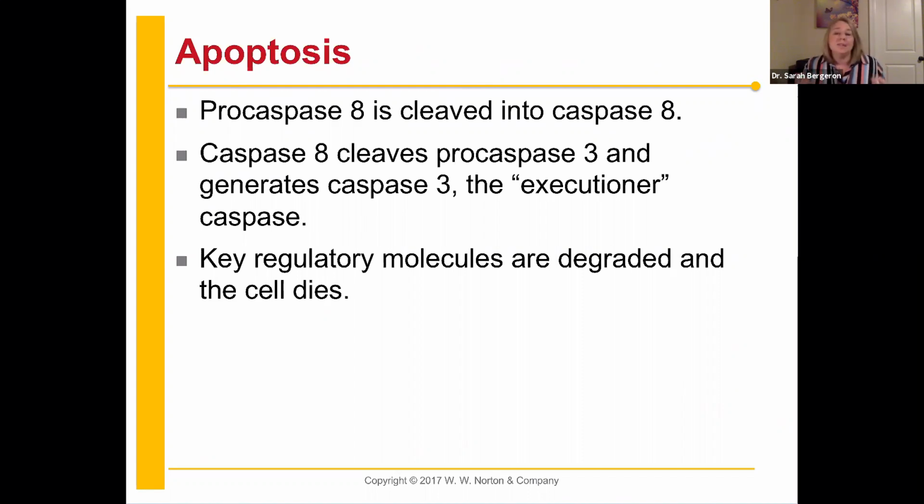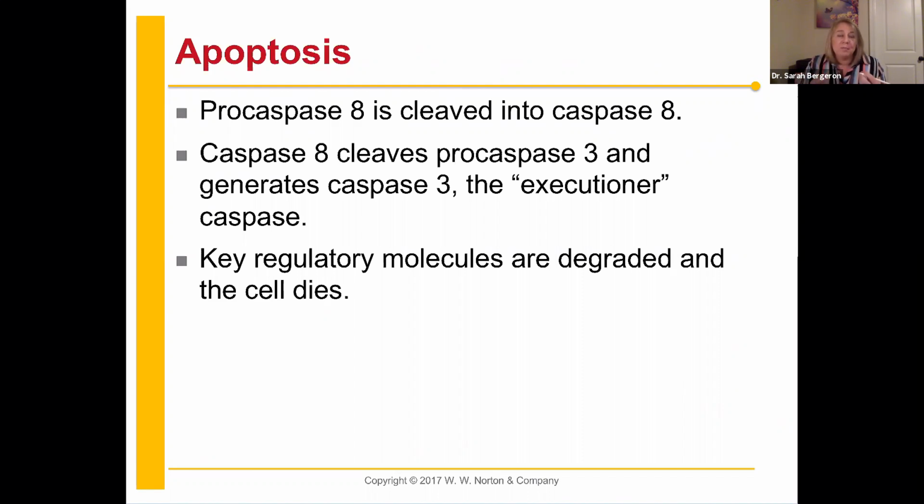If you have a cell that's proliferating out of control, a cancer cell that's no longer doing its function anymore, you want to be able to very quickly kill it.